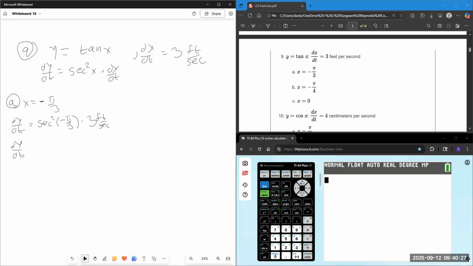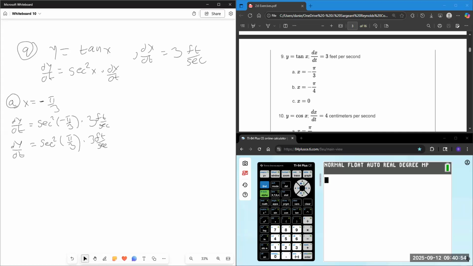Now remember that secant is an even function, so it's going to be symmetrical about the y-axis. So I can say that this is the same thing as secant squared of π/3 times 3 feet per second.